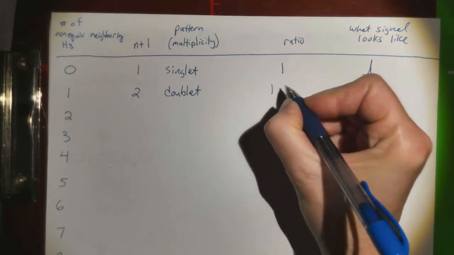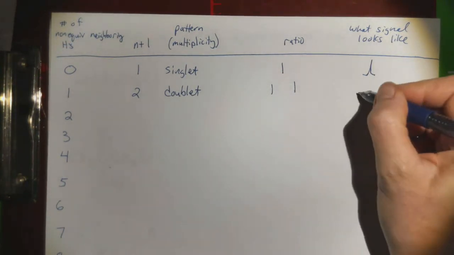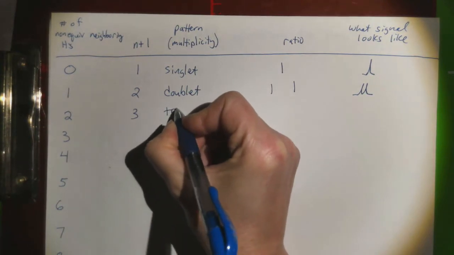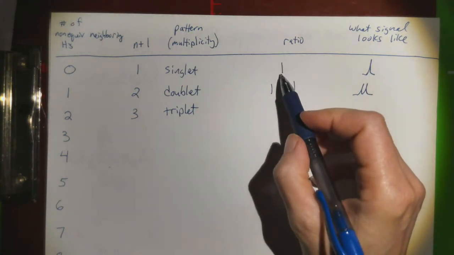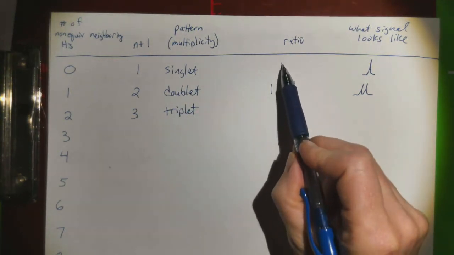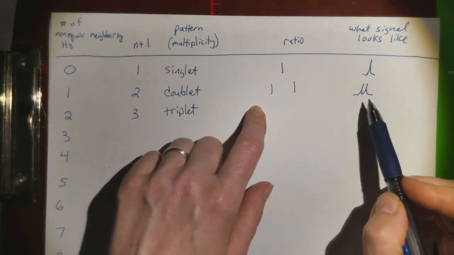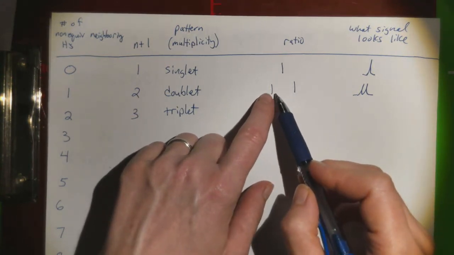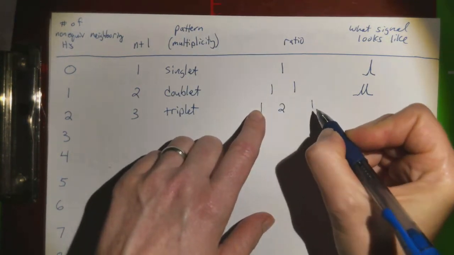And I'm going to make a little Pascal triangle here. So we'll have 2 lines, and it'll look like that. N plus 1 is 3, so a triplet. With our signal here, what you can do to figure out the ratio of the height of the peaks is look above here. 1 plus 1 is 2, and this is a ratio of 1 and 1 here.